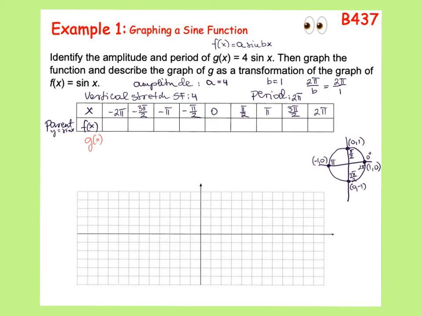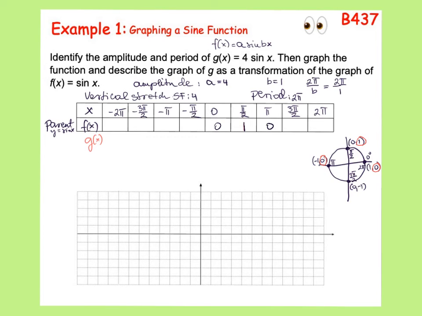So when I look through the unit circle, at 0, my y-coordinate is going to be 0. So that's what I'll write. And at pi over 2, my y-coordinate, which is my sine value, is 1. Let me go ahead and do that in black. And then at pi, my sine value is 0.